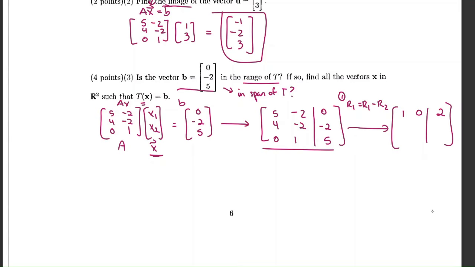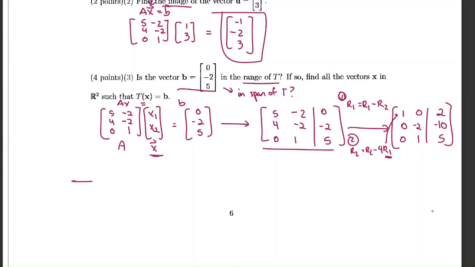Then I'll keep the third row the same, and after that I'm going to do row 2 equals row 2 minus 4 times row 1, and this row 1 now corresponds to this row, because I'm doing it after this row operation. This gives me 0, negative 2, negative 10.